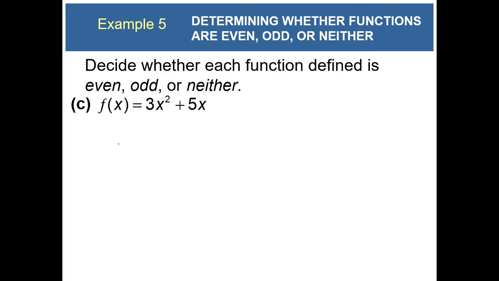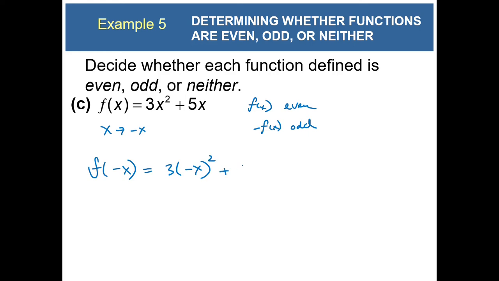Decide whether each function defined is even, odd, or neither. We'll start by replacing x with negative x, and we'll see if we get f of x back, which means it's even. If I get negative f of x back, I know it's odd. And if it's not one of these, it must be the neither case. f of negative x equals 3 times negative x squared plus 5 times negative x.